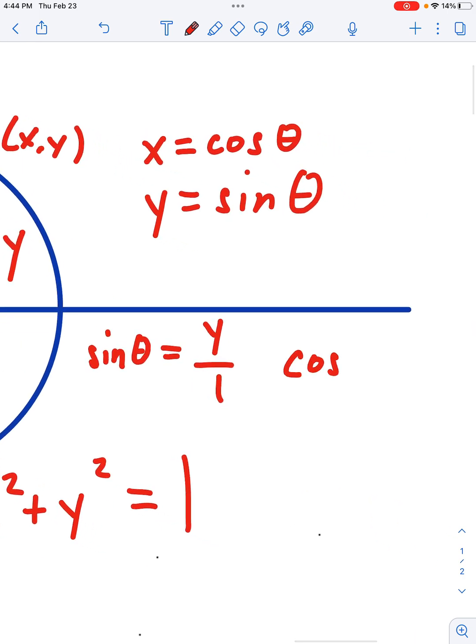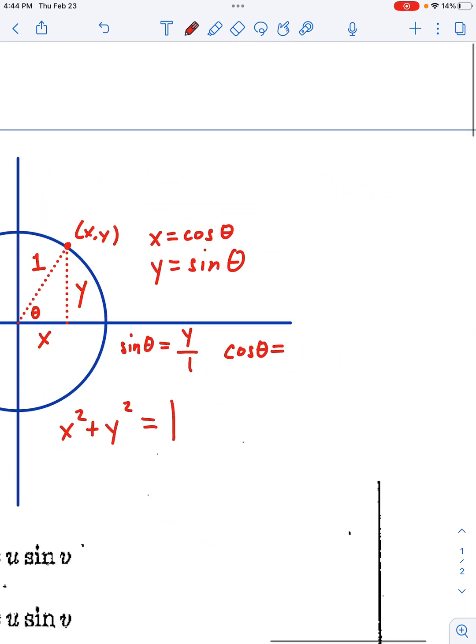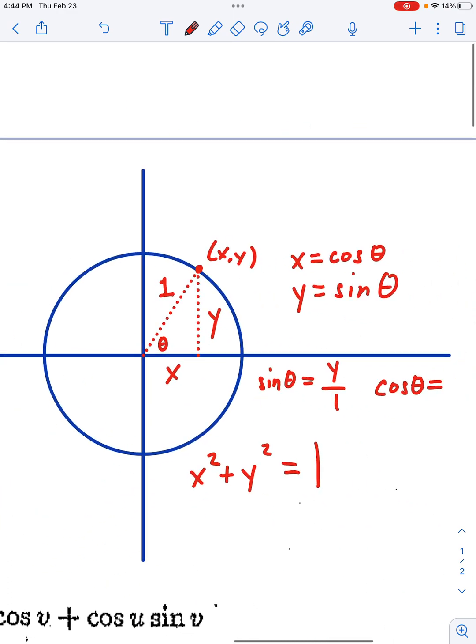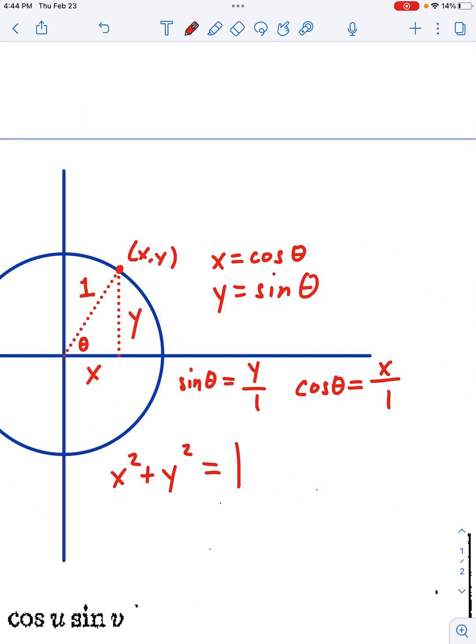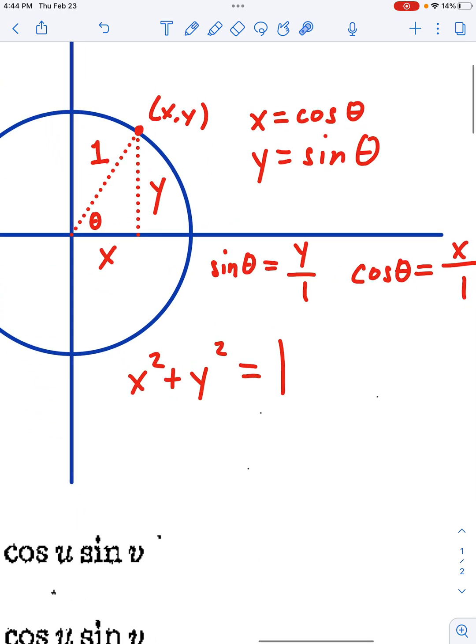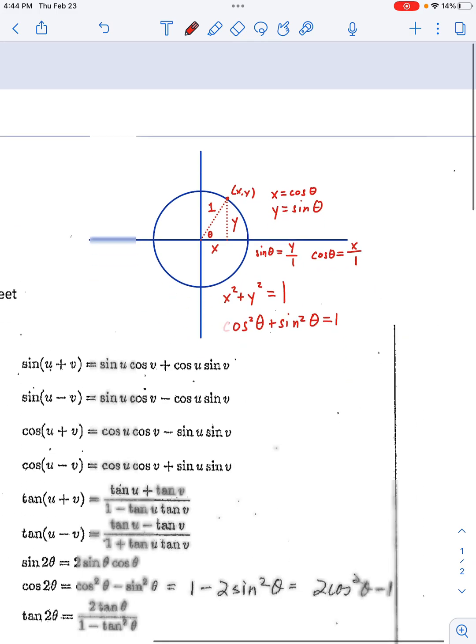Cosine of theta is my adjacent side, x, over the hypotenuse, which is 1. So subbing in these guys down here, we have that cosine squared of theta plus sine squared of theta equals 1.